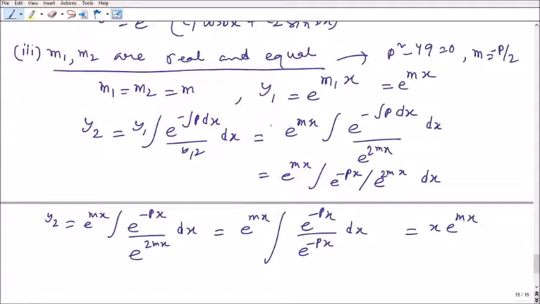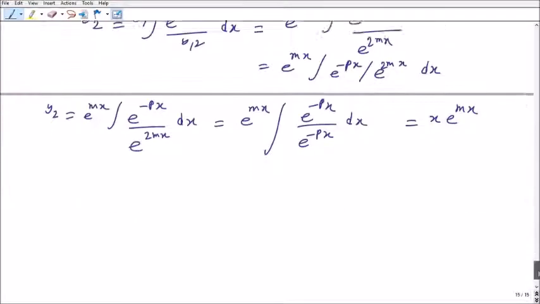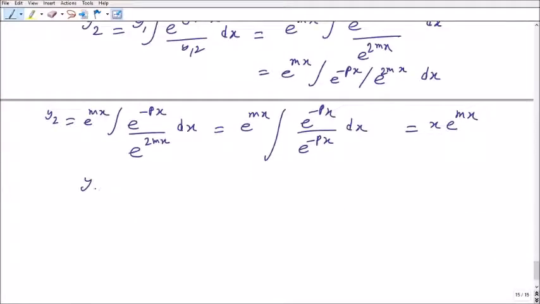So if the roots are real and equal, then the solution y1 is e to the mx, and the next solution y2 is x into e to the power mx. So we can write the general solution as y equal to c1 e to the power mx plus c2 into x e to the power mx.